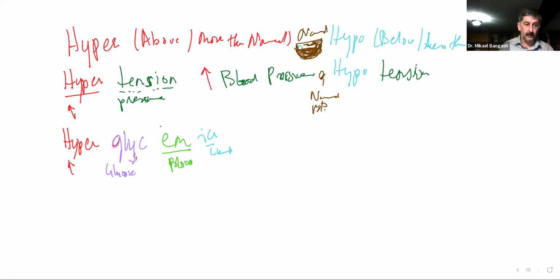So the technical word for blood sugar being high is hyperglycemia. If somebody's blood sugar is measured and found to be high, that will be called hyperglycemia.